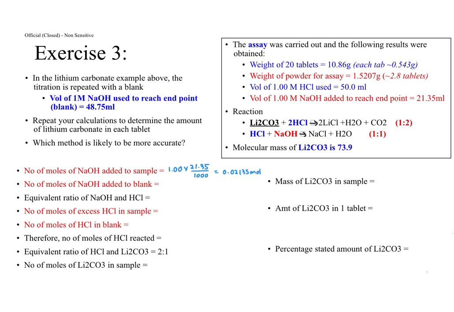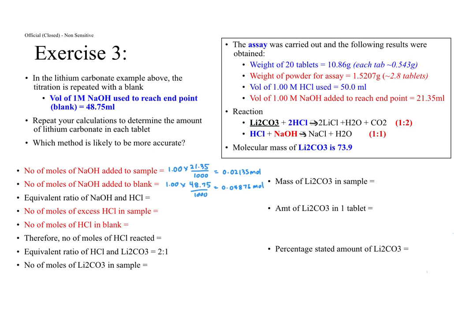Since there's a blank, we also need to determine how many moles of sodium hydroxide was added to the blank. So we also do that by taking the concentration of sodium hydroxide times the titer volume for the blank. So that's 0.04875 moles.